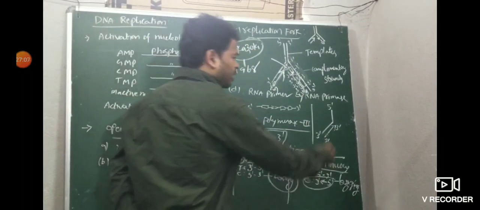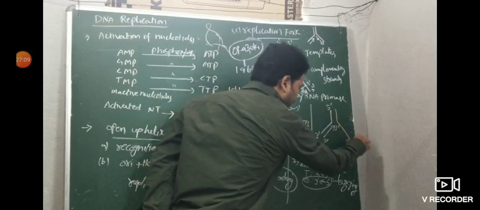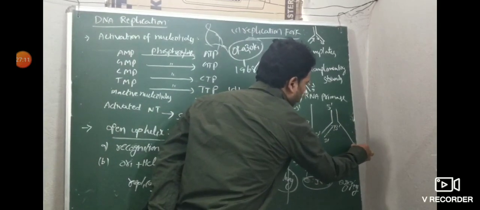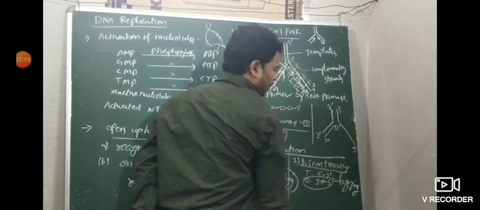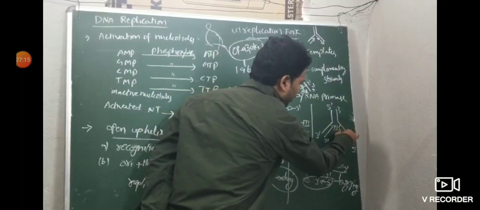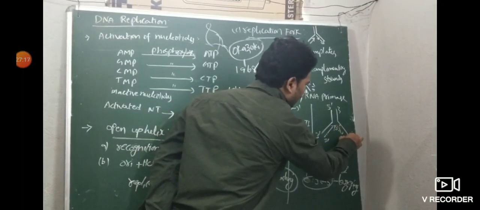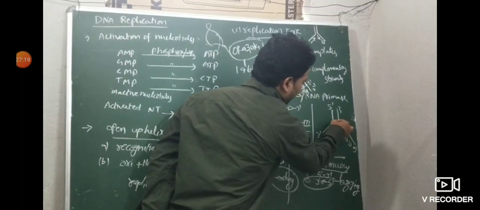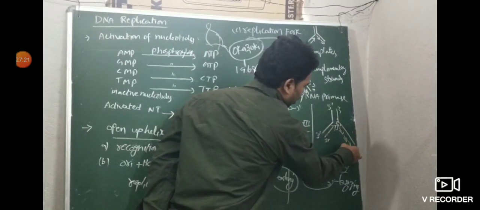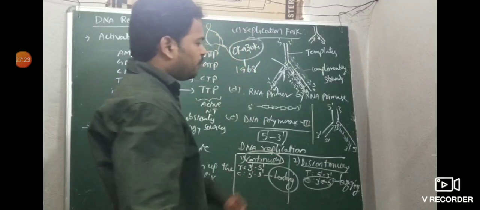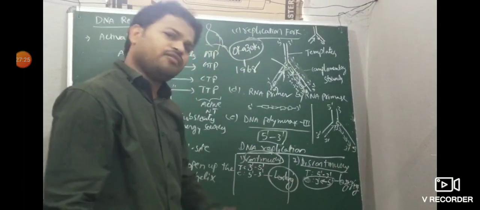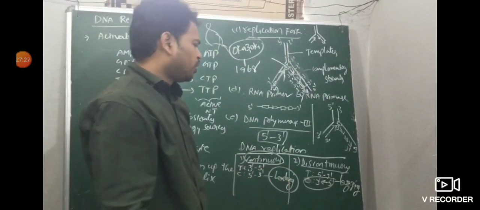In discontinuous replication, the template is 5' to 3', and new fragments are formed in the 5' to 3' direction with the help of DNA polymerase 3 enzyme only.